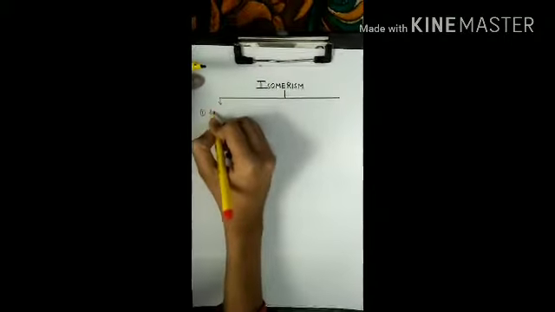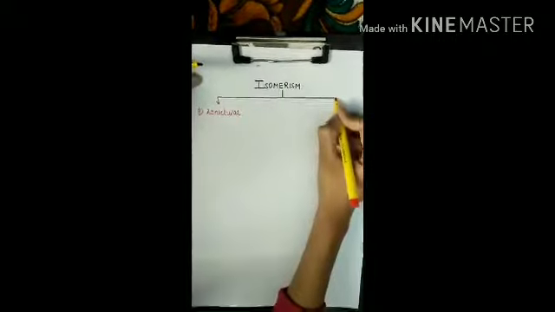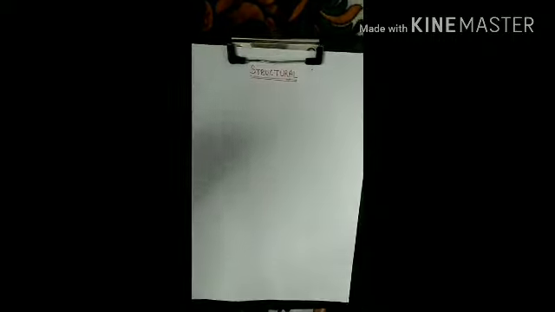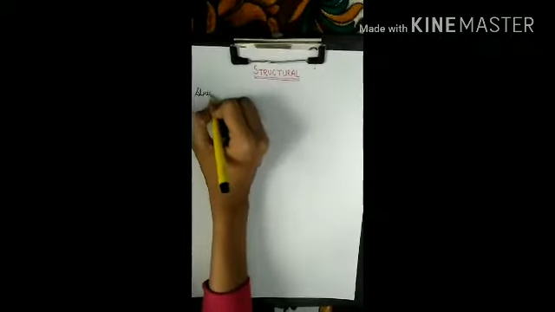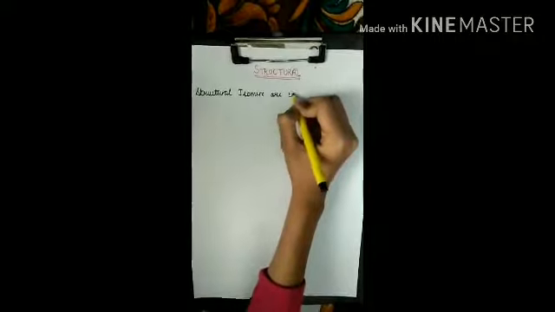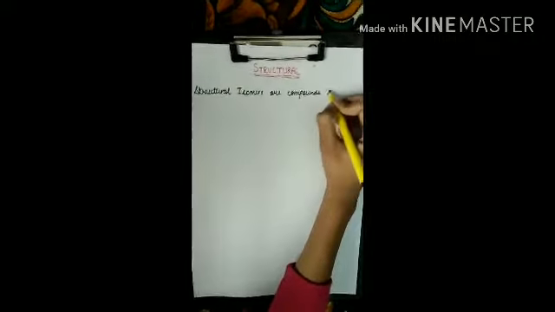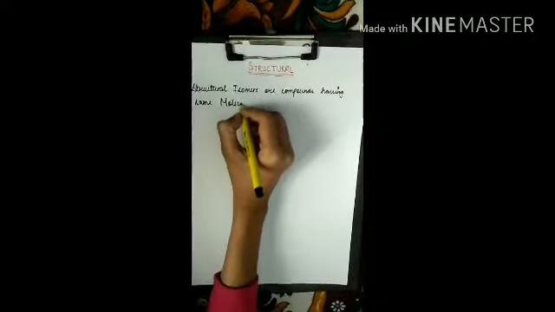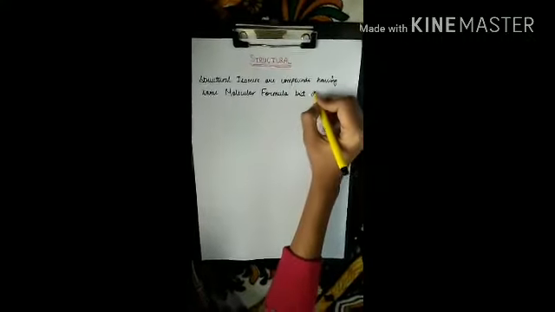Isomerism is broadly divided into two types. The first one is structural and the second is stereo. Let's talk about structural isomerism first. Structural isomers are compounds having the same molecular formula but different structures. And this phenomenon is referred to as structural isomerism.